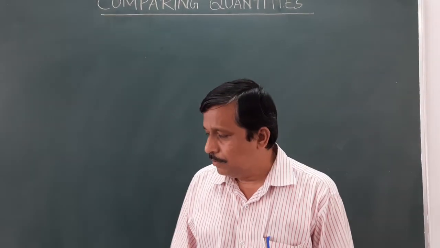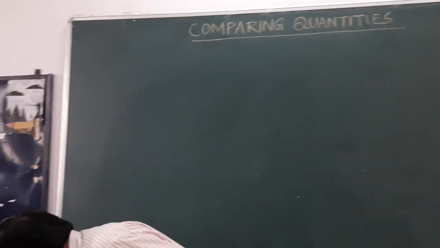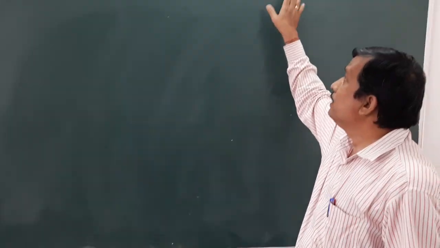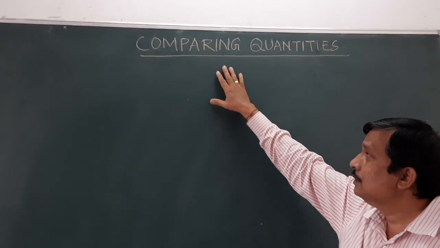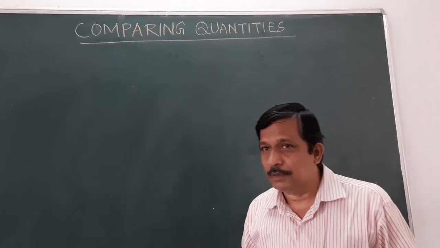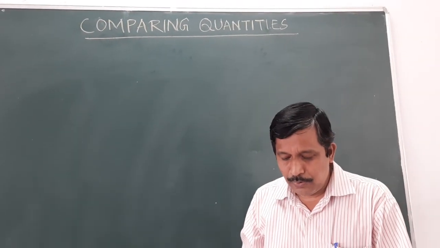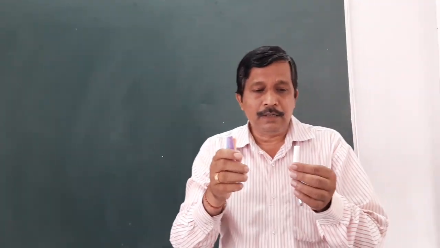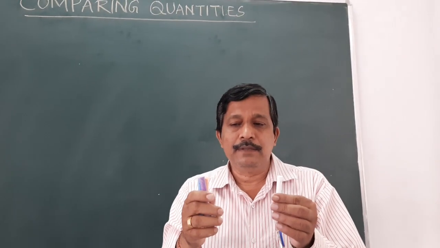Now we'll start a new topic, that is comparing quantities. Comparing means you want to compare some things. Suppose I am showing you here, you want to compare this colored chalk and the white chalk.